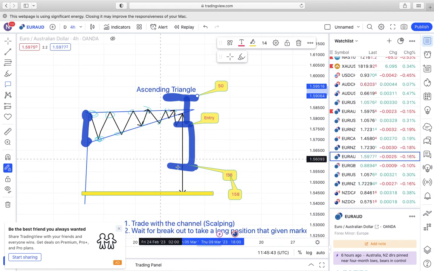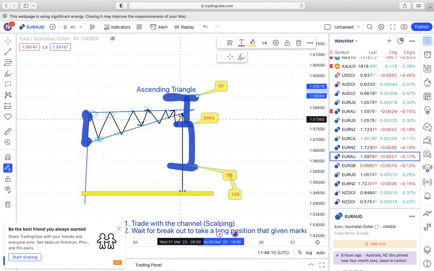Some people will come here and, because this one is a guaranteed take profit, they will take their profit from the distance of entry up to the trend line, and you measure from your entry up to your take profit. That is the ascending triangle.